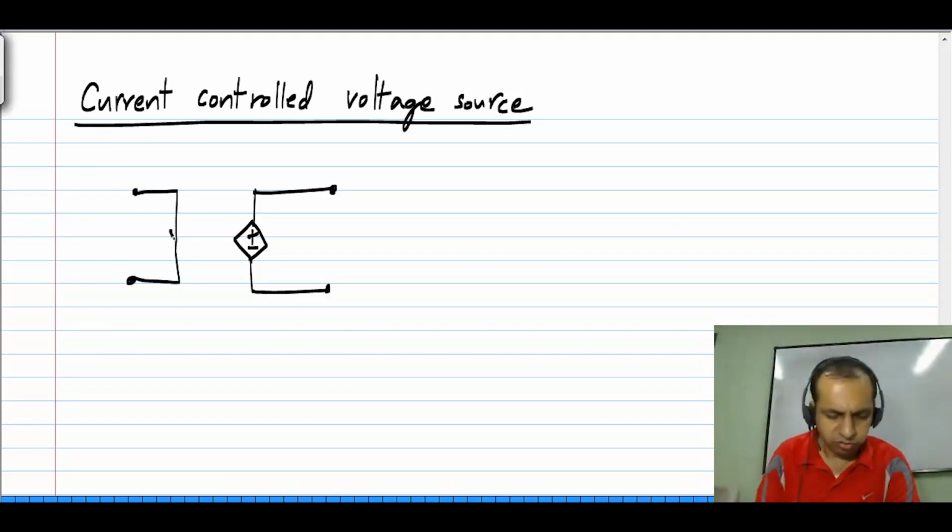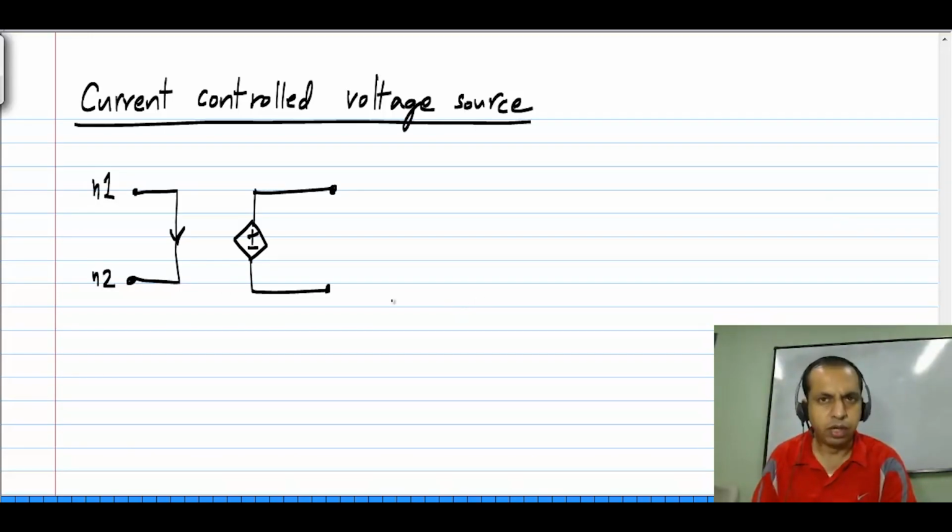It's common to think of a wire in which a current is flowing. Basically, there is a short circuit between these nodes N1 and N2, and this can be placed in series with any branch to sense the current in that branch. Those things we'll see later when we come to circuits in which this current controlled voltage source is used.